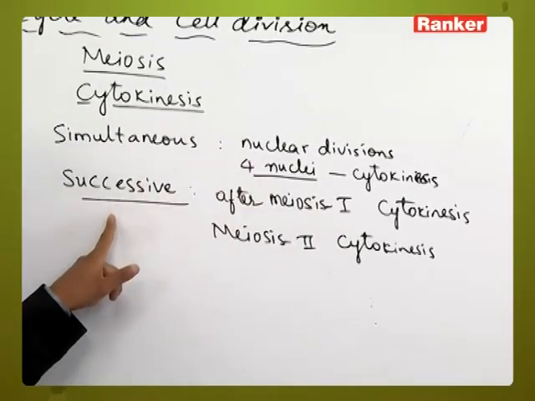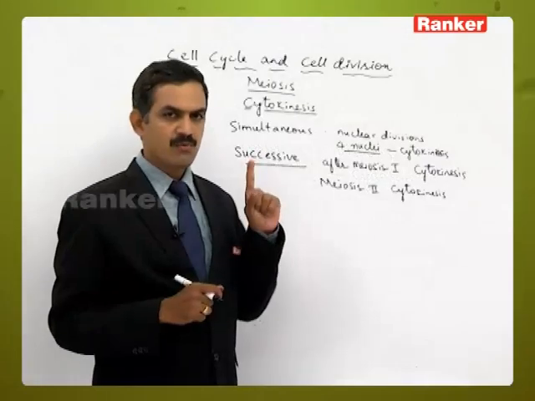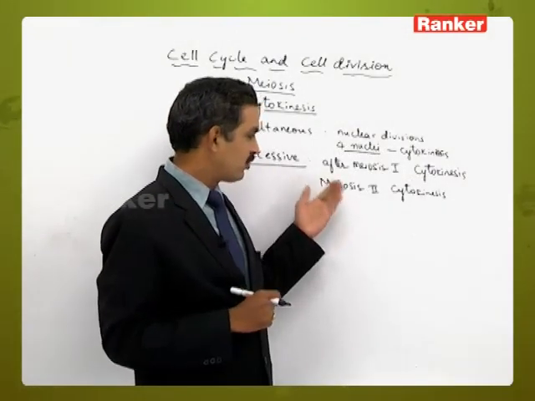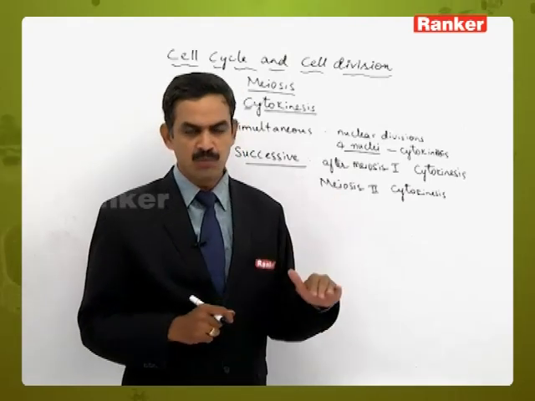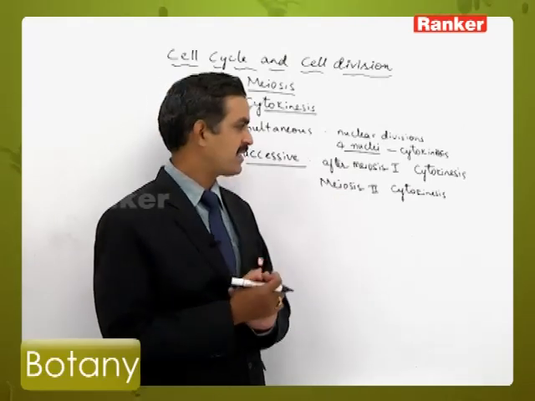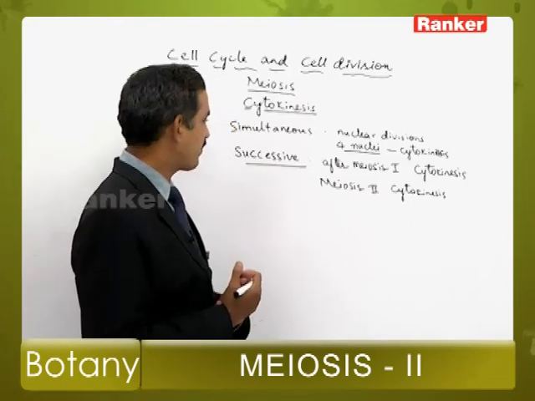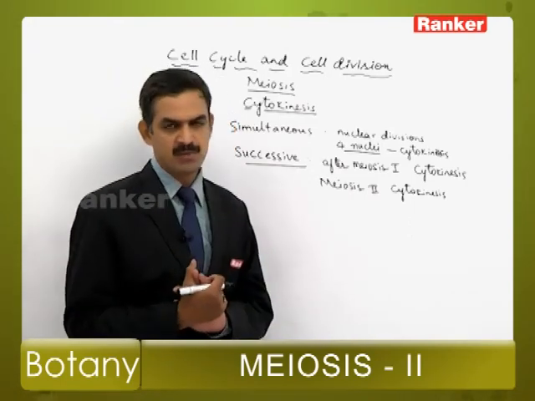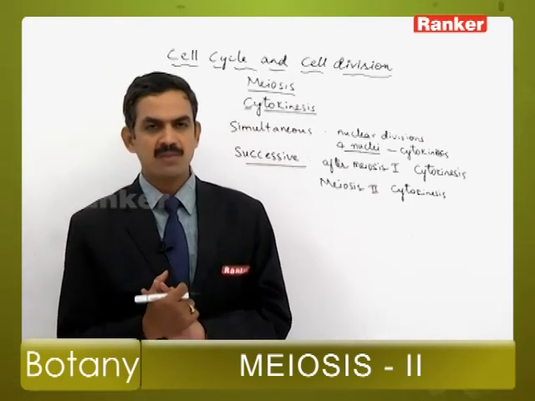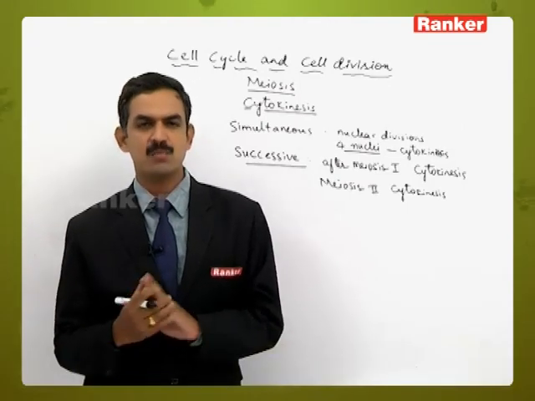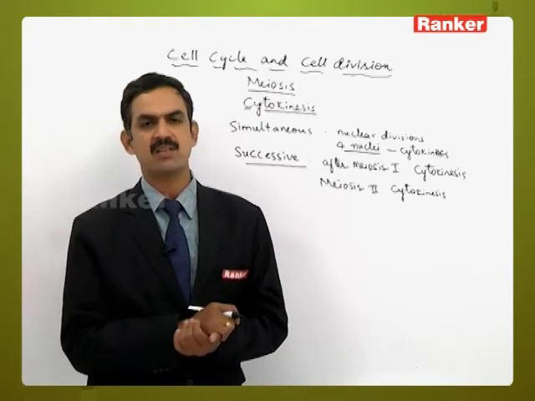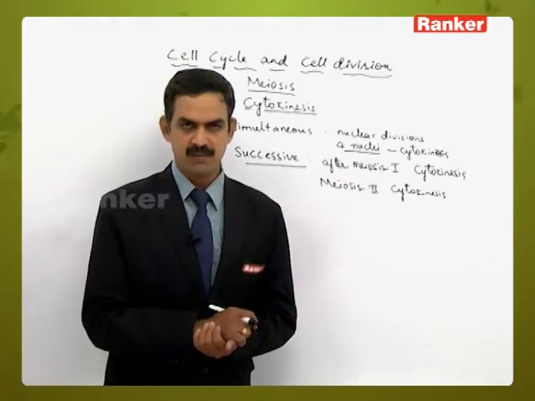In the successive type, after meiosis 1 the first cytokinesis occurs and 2 cells are formed, then after meiosis 2 the cytokinesis occurs once again. As for the type of cytokinesis in plant cells, it is the cell plate method, as we have seen in the mitotic division.